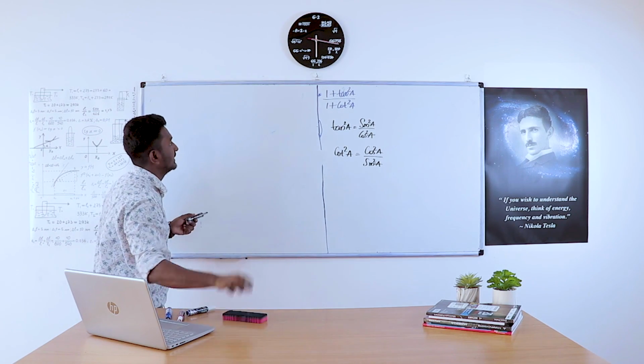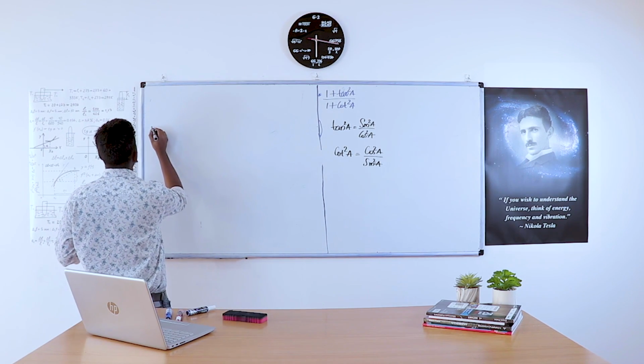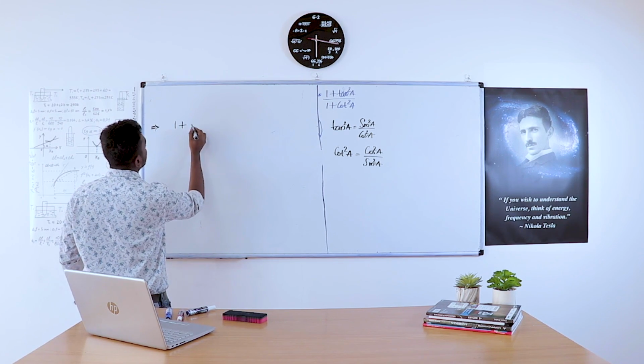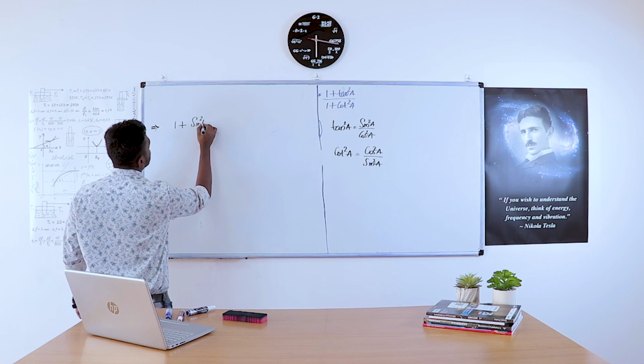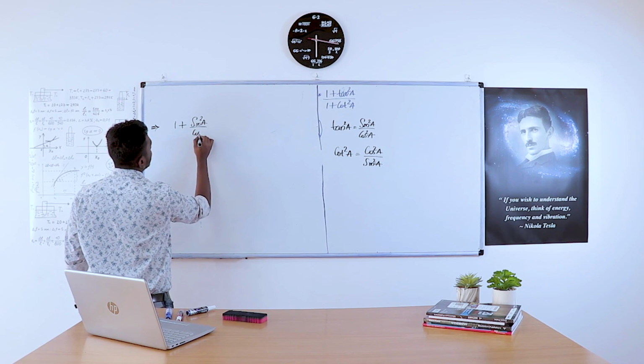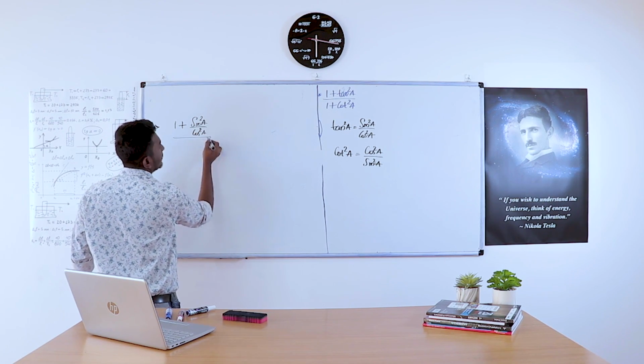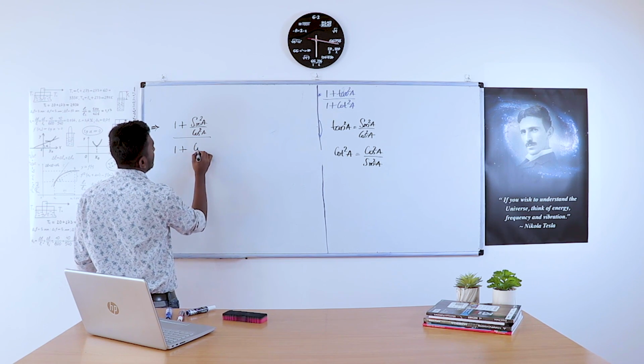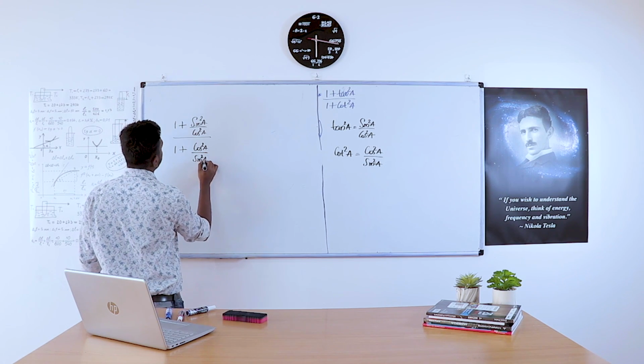So substituting, we get 1 plus tan square a, that is sin square a by cos square a, whole divided by 1 plus cot square a, that is cos square a by sin square a.